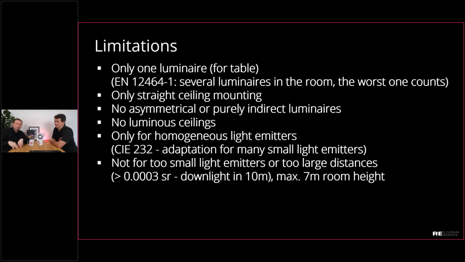So the solid angle has to be bigger than 0.0003 steradian, and this is, for example, a normal downlight of 10 centimeters at 10 meters distance. So this is a solid angle of 0.0003. By the way, it's the other way: it has to be bigger than this.